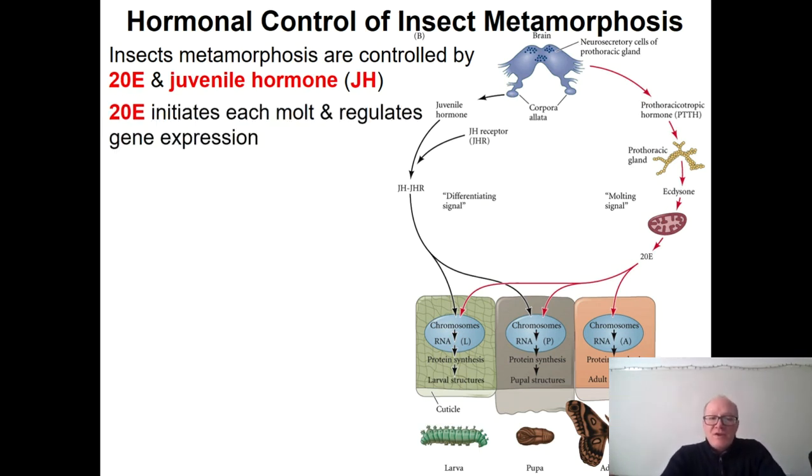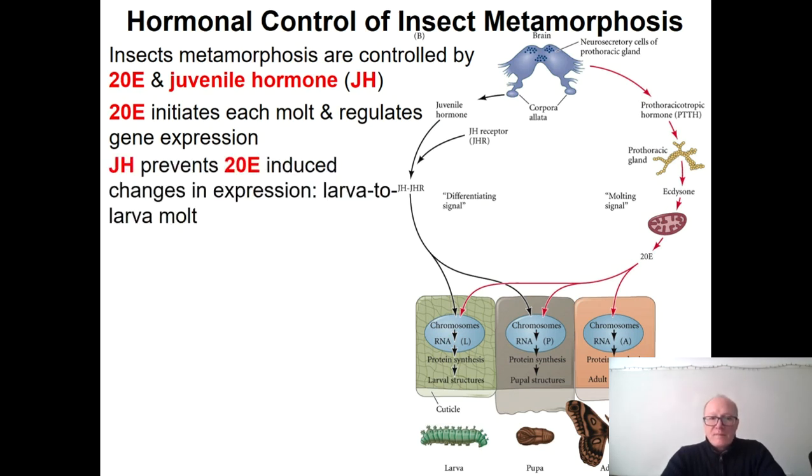Now, ecdysone initiates each molt and organizes gene expression, so it regulates gene expression. Juvenile hormone, on the other hand, prevents ecdysone from inducing a substantial change in expression from larva to pupa.